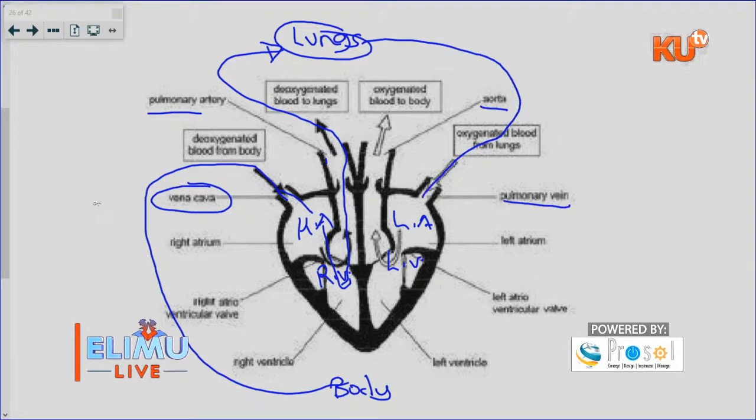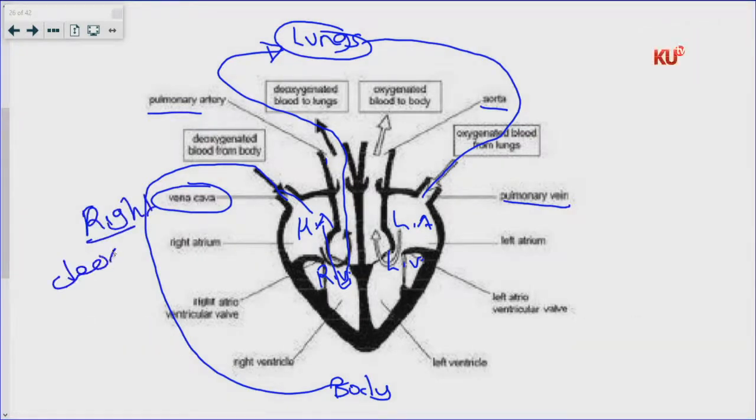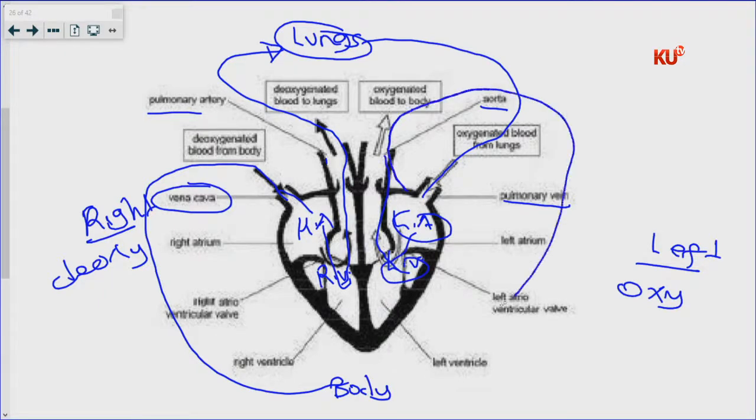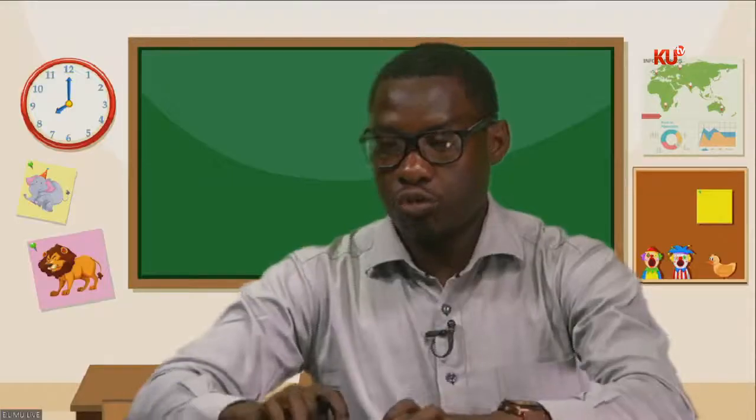So the right side of the heart gives you deoxygenated blood, whereas the left side of the heart has oxygenated blood, with oxygen. So blood from the lungs enters the heart through the pulmonary vein to the left auricle, then to the left ventricle, and leaves the heart back to the body through the aorta. It gets back to the body, and the circle continues and continues.